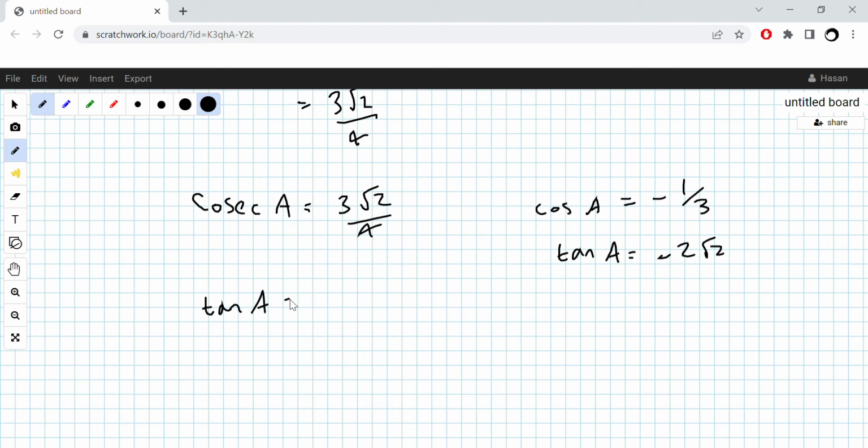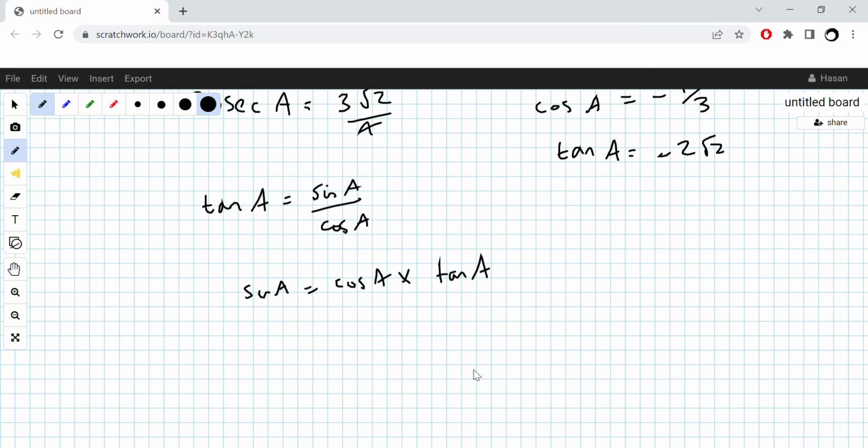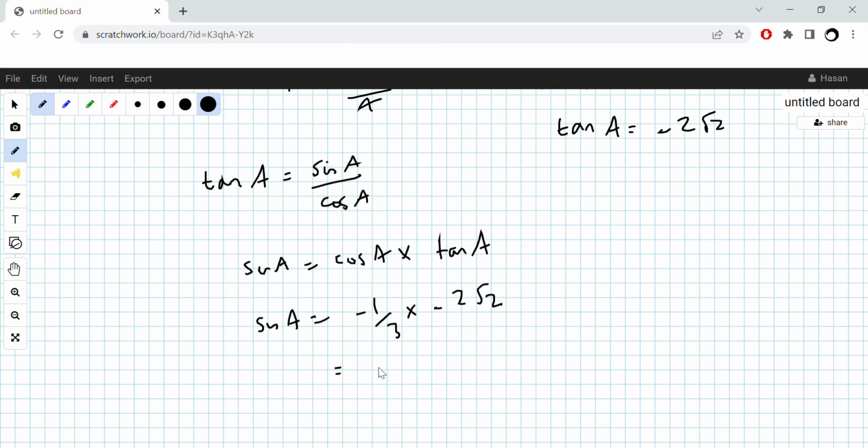Tan A equals sine A over cos A, therefore sine A equals cos A times tan A. So now you multiply these two expressions, that's minus 1 over 3 times minus 2 root 2. That gives you 2 root 2 over 3.